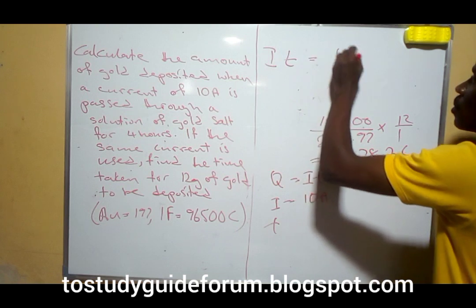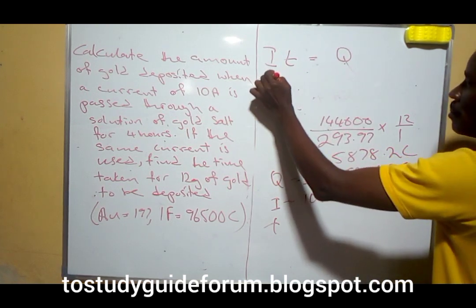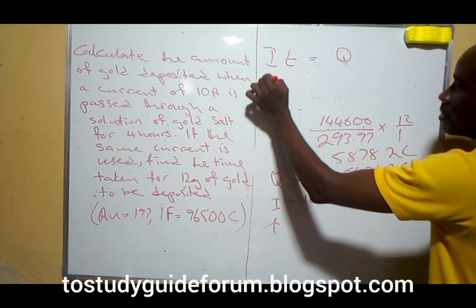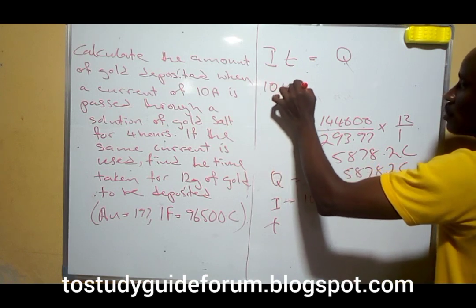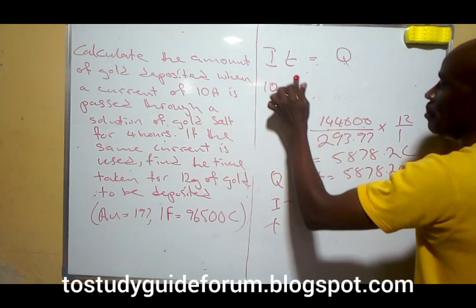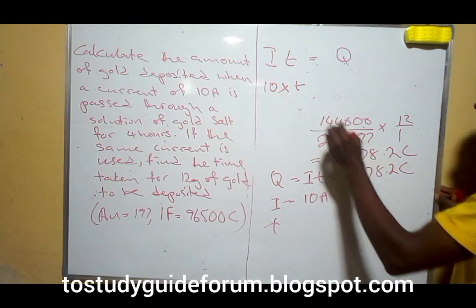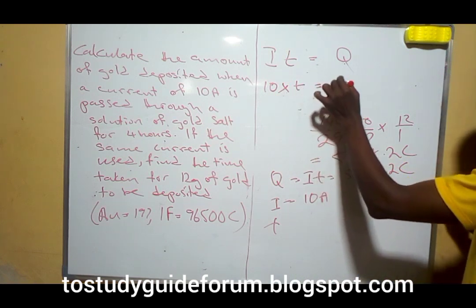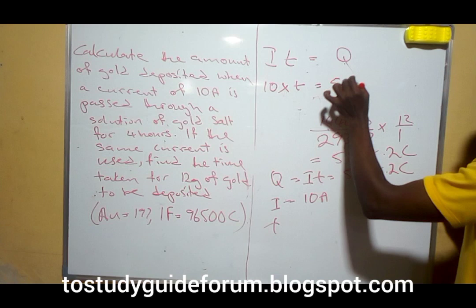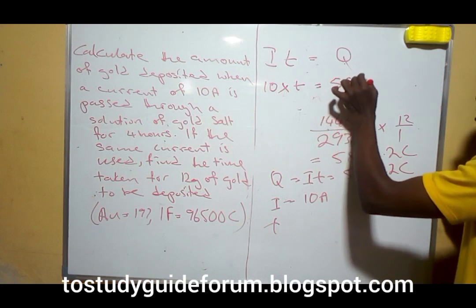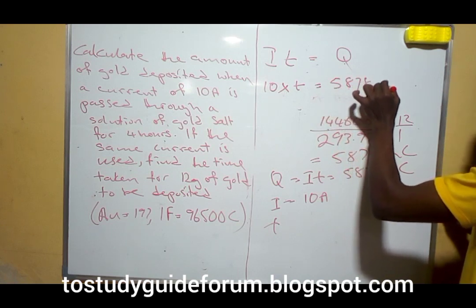If we substitute, quantity of electricity equals current times time. We know the current, and the time is what we don't know, and we have our quantity of electricity to be 5878.2 coulomb.